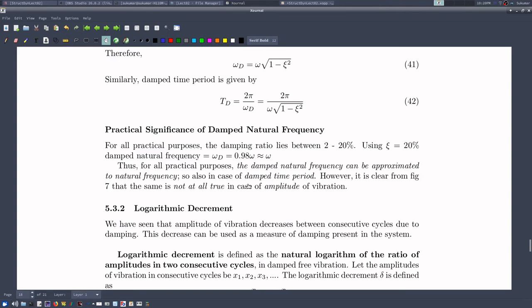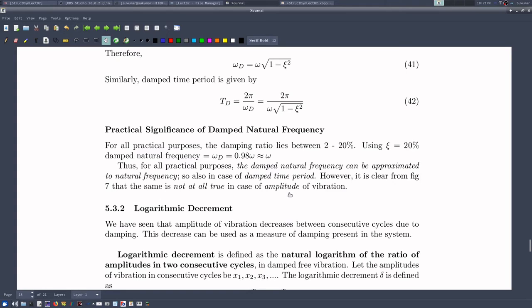So for all practical purposes, the damped natural frequency is approximately equal to the undamped natural frequency, and also the damped time period is same as undamped time period. But since we have already seen that in damped vibration the amplitude gradually will decrease, the amplitude of vibration will not be same as undamped free vibration.